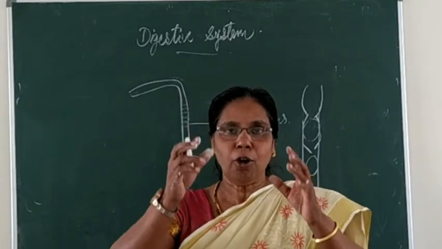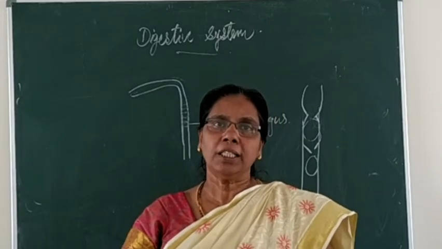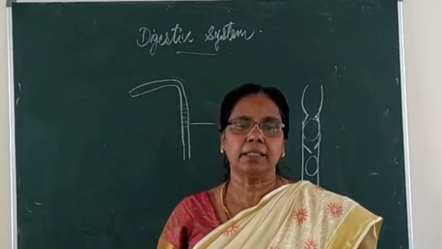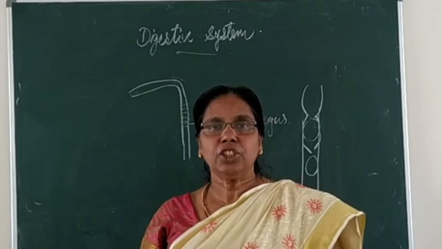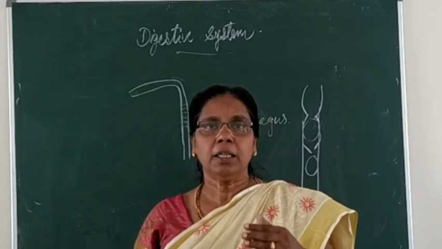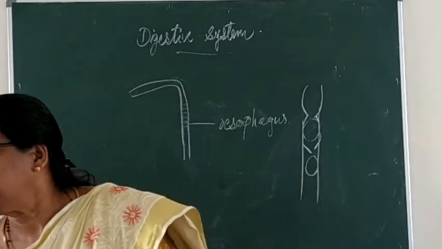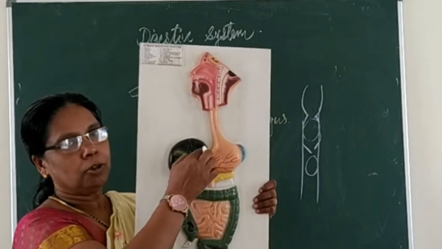The movement of the esophagus to push the bolus down is called as what? Peristalsis. So now the next part is what? Yes, that is nothing but the stomach. So food from the esophagus reaches the large muscular region.